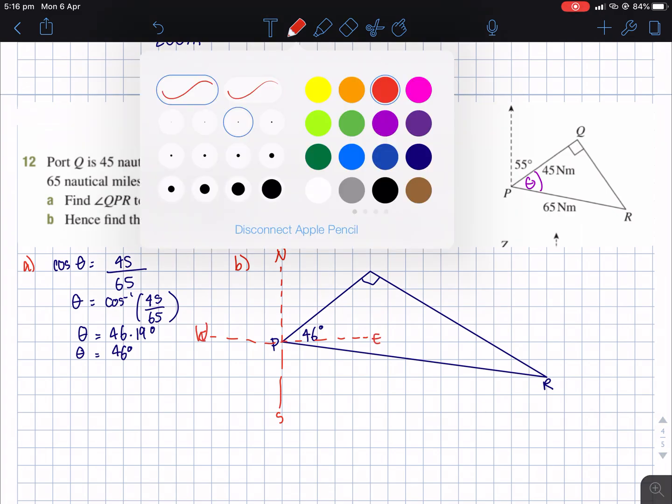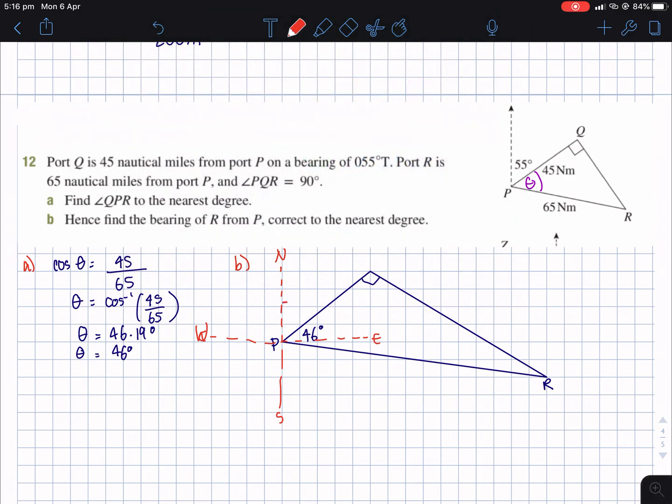If ever we want a bearing, it's always all the way around from north. So we found out that this bit was 46, and they'd already told us that this bit was 55. So the bearing is 55 plus 46, which gives us 101 degrees true from north.